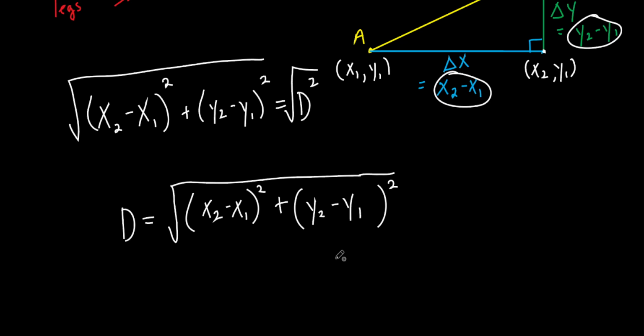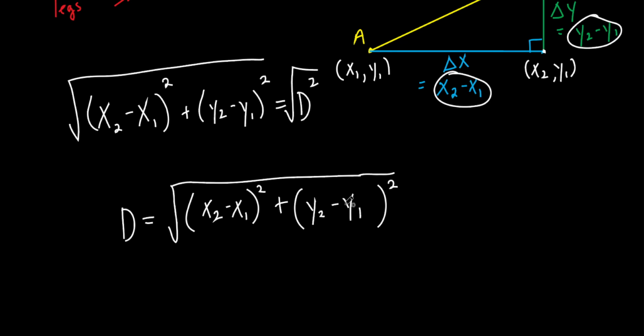Because what are you going to do with that number anyway? You're going to take whatever that number is and then do what to it? I'm circling it. You're going to square it. Okay? What happens when you square a number, whether it's positive or negative? What's it always going to be? It's always going to be positive. Right. So this number, no matter how you subtract, will always be positive.